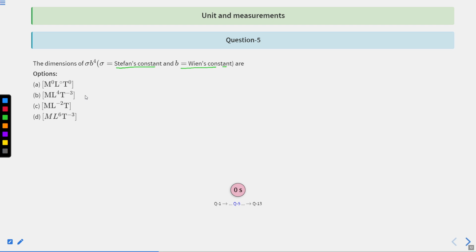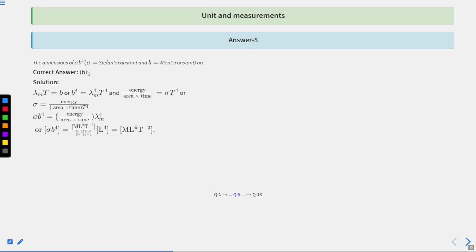Let's find a solution. Here, lambda m into T equal to B, which is equal to this term, where sigma equal to energy upon area into time, T having power 4.